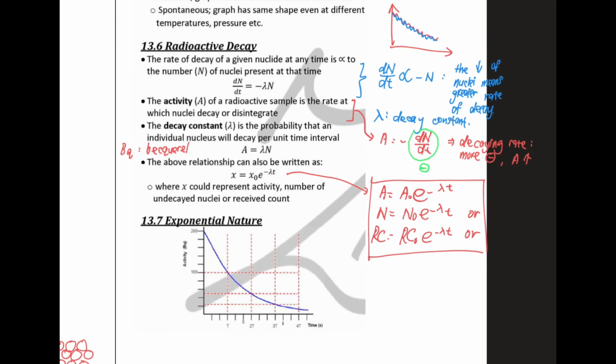If you want to talk about the unit, one more unit to know about. The unit for lambda is per second.